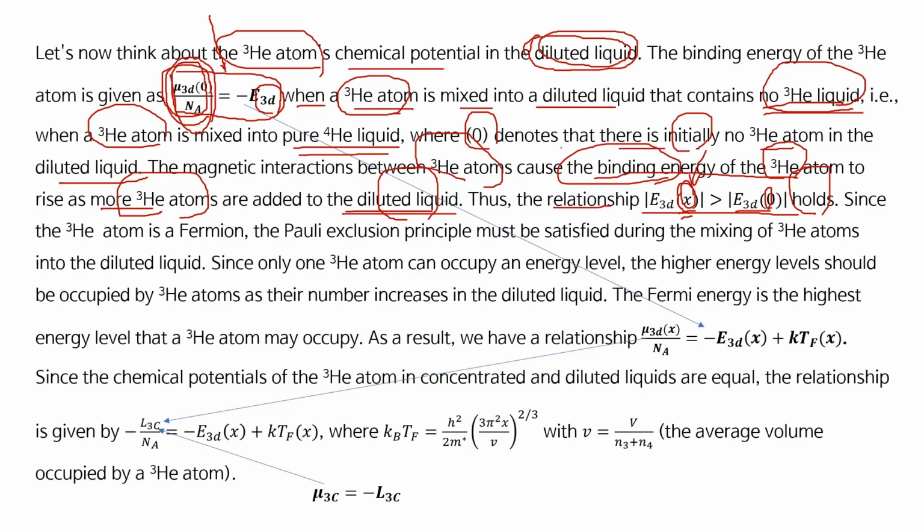Since the helium-3 atom is a fermion, the Pauli exclusion principle must be satisfied during the mixing of helium-3 atoms into the dilute liquid. Since only one helium-3 atom can occupy an energy level, the higher energy levels must be occupied as their number increases in the dilute liquid. The Fermi energy is the highest energy level that a helium-3 atom may occupy. As a result, we have this relationship.